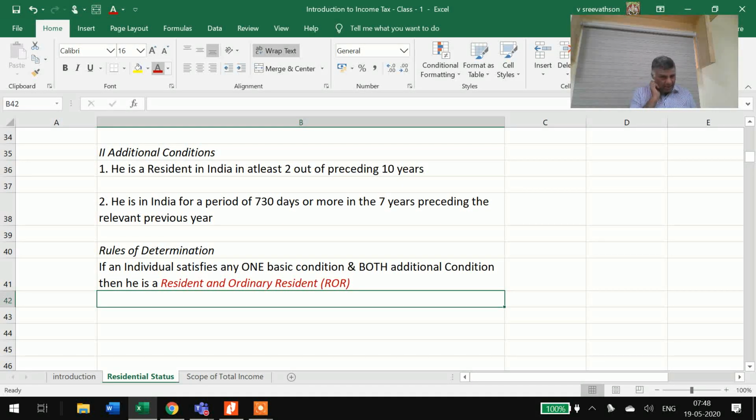He is my man. He is there for more than half of the year in the last year, and he is there all throughout in India only. Okay, he is my man, resident and ordinary resident.